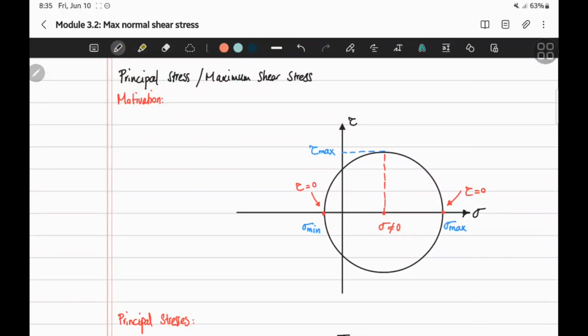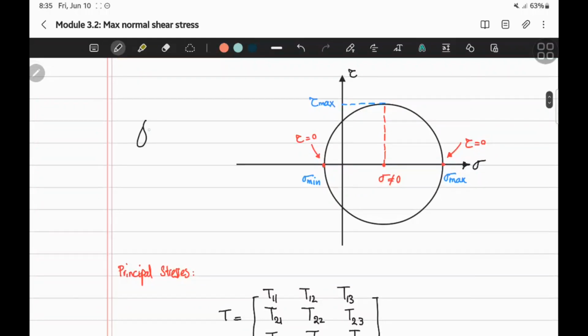If we have, for example, a bar like the one you see here, and it undergoes tensile stress, so you have stresses in here, in a plane which creates an angle of 45 degrees here, we will have the maximum shear stresses.